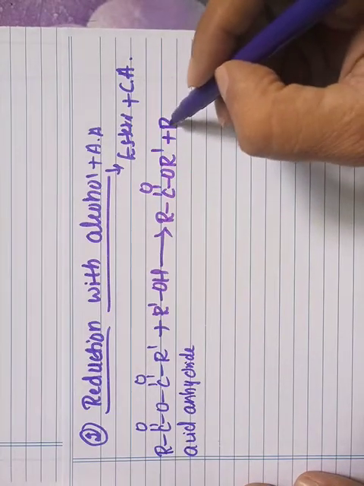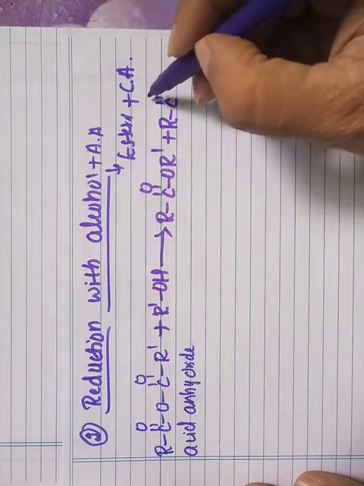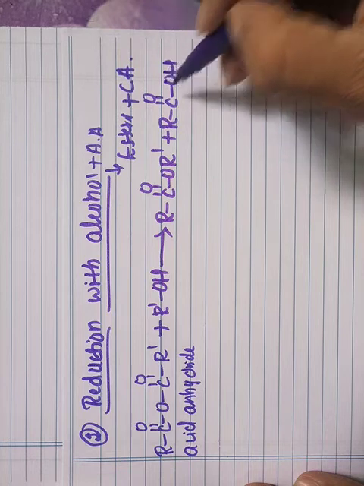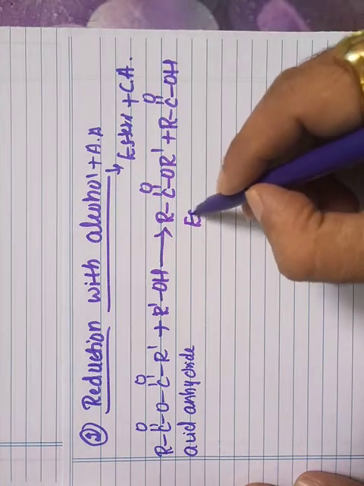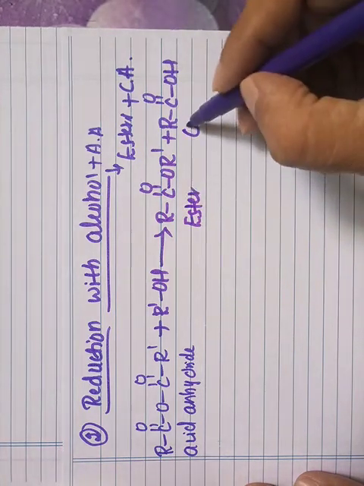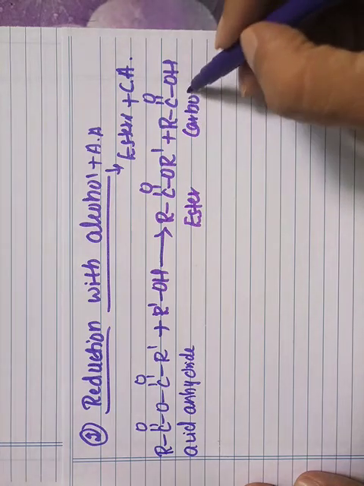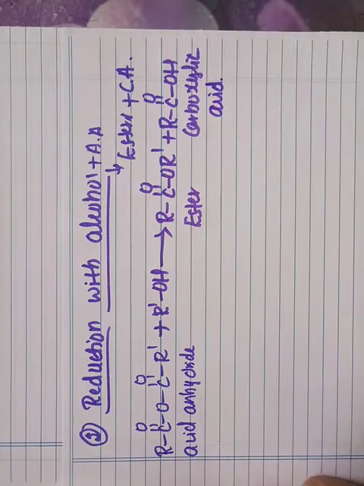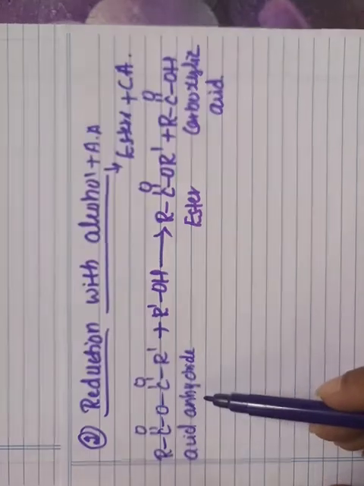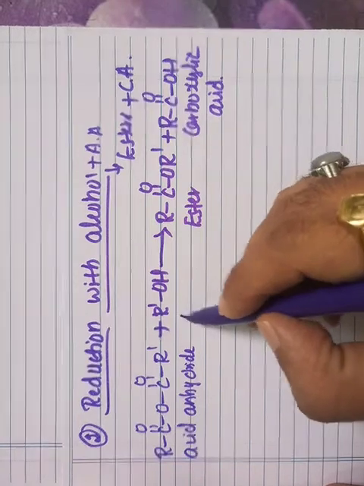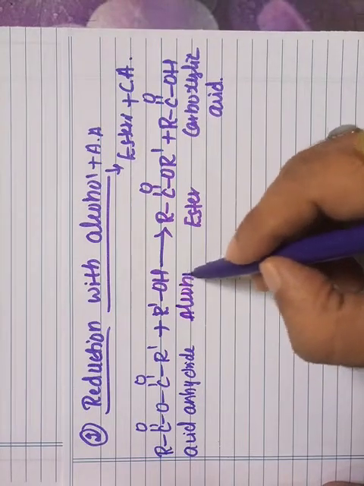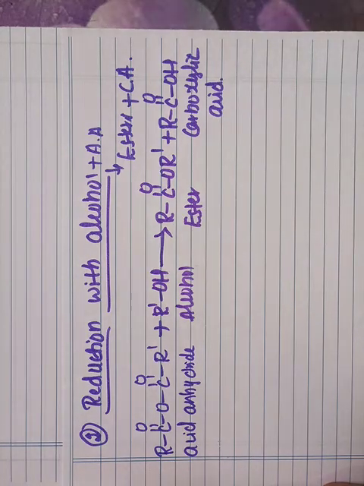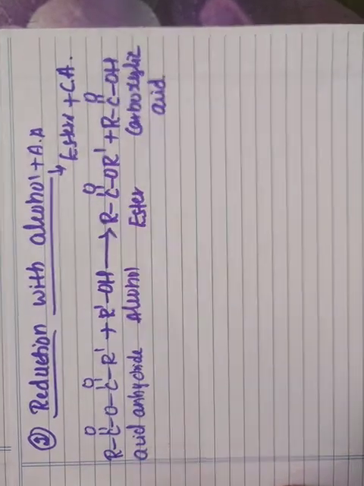Plus OH. So this is an ester and this is a carboxylic acid. Okay, so acid anhydrides when treated with alcohol form an ester and a carboxylic acid.